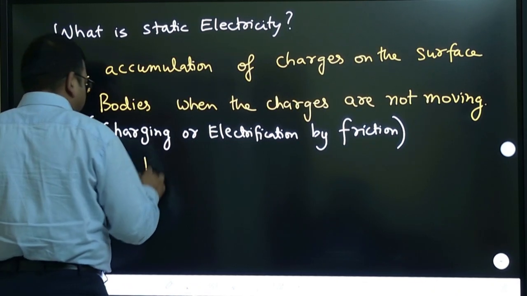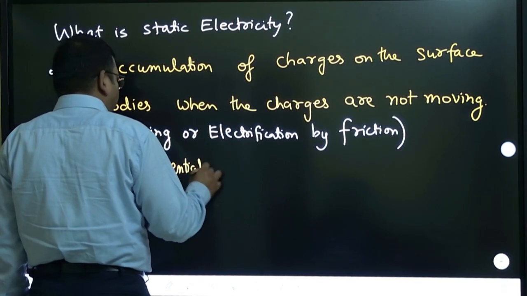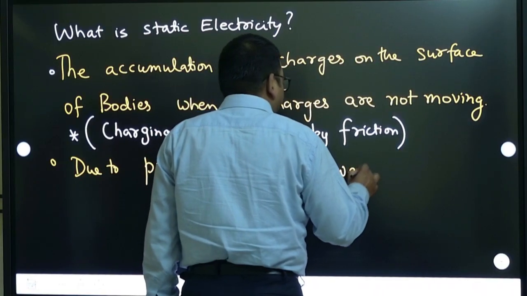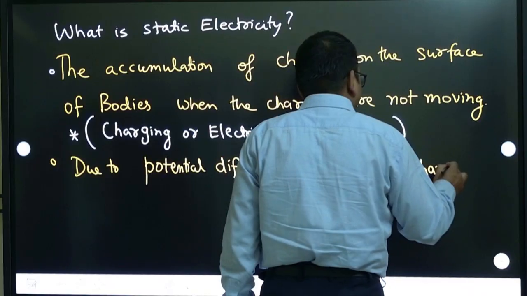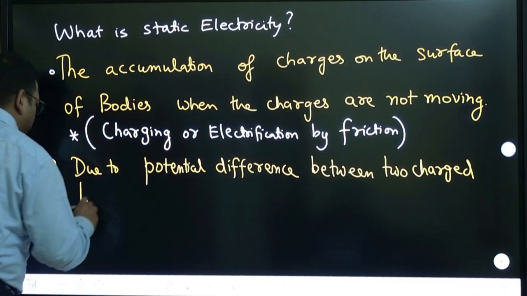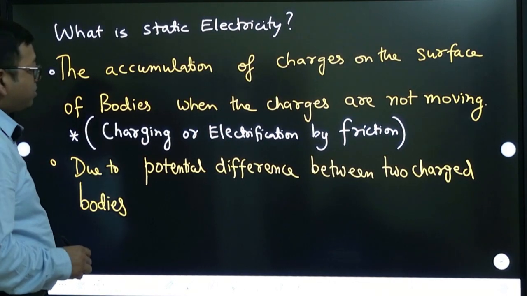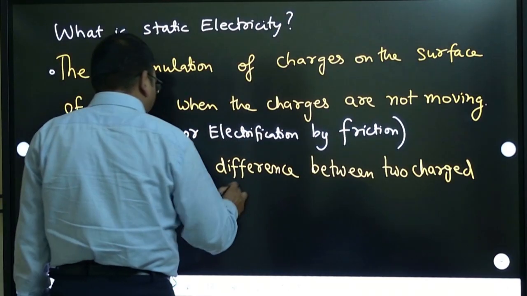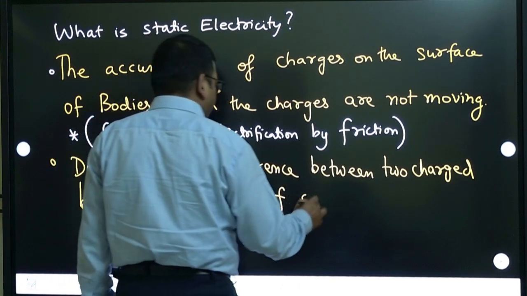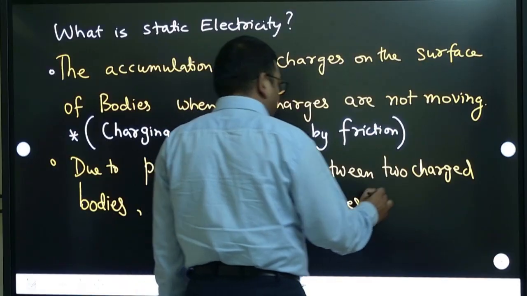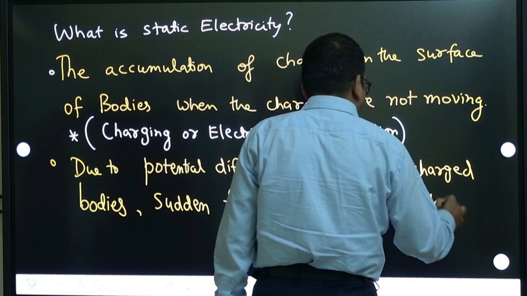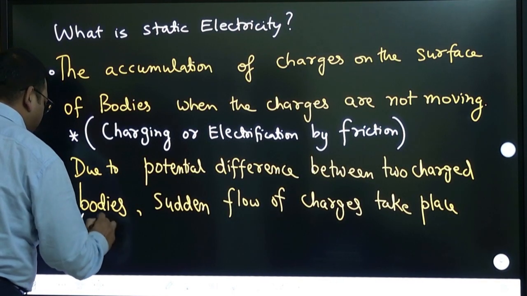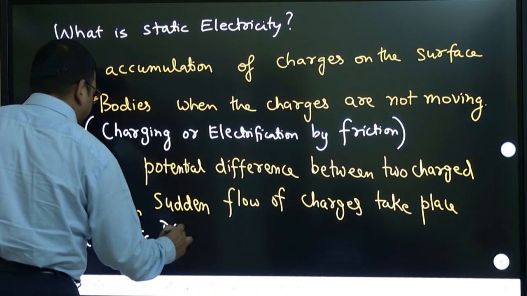Due to potential difference between two charged bodies, sudden flow of charges takes place. This is called electric discharge.